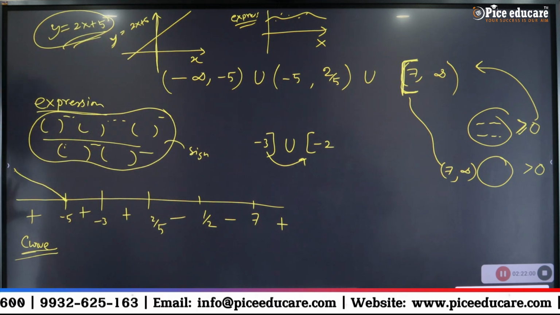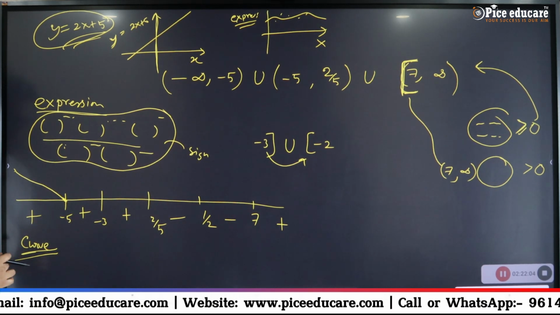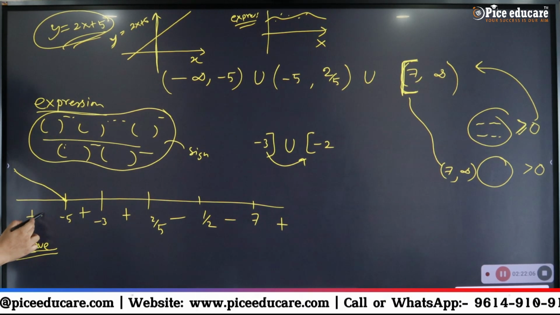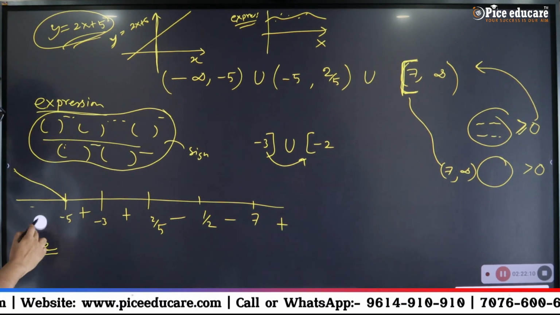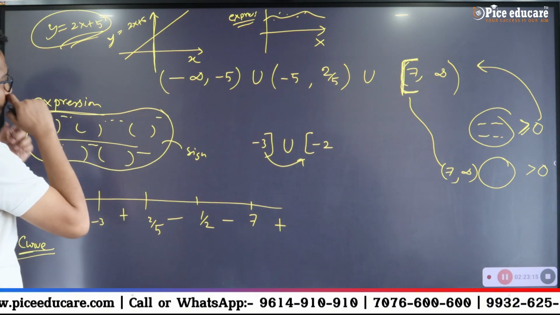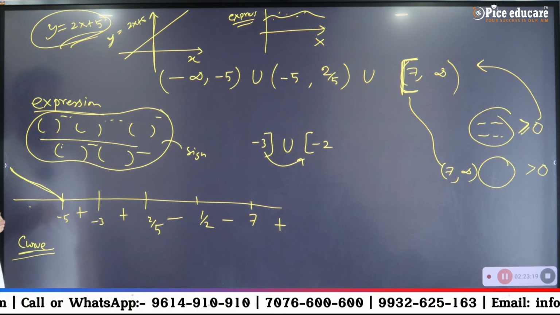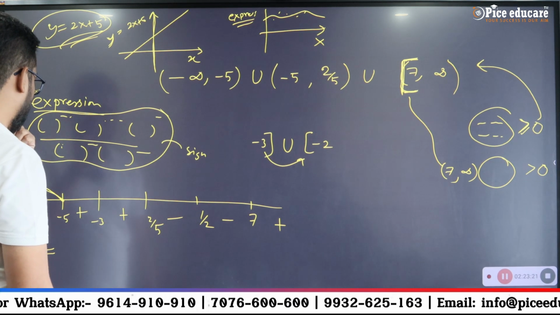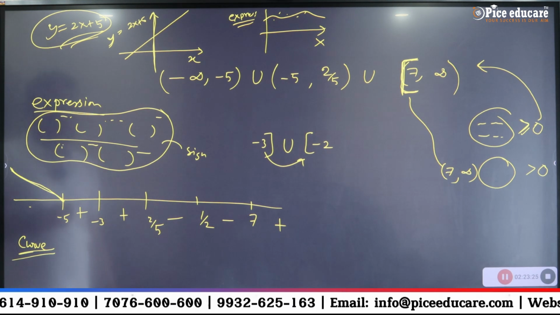I am just representing it with a curve where the positive sign, as I know, is in this zone. We are not particularly drawing the graph of this expression. That is different, that is not today's discussion, because it will be complicated.